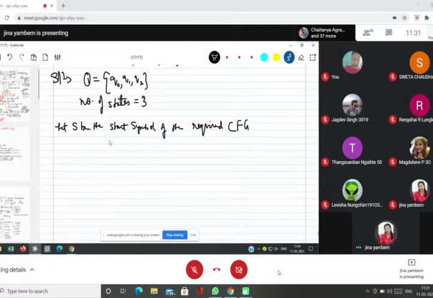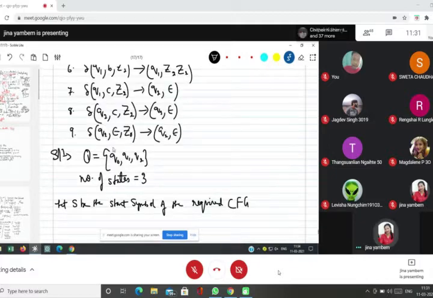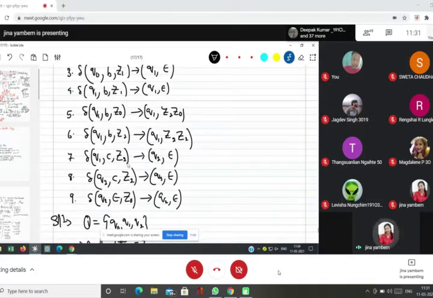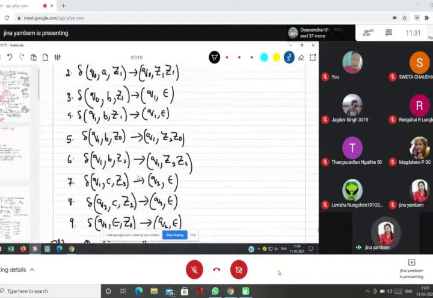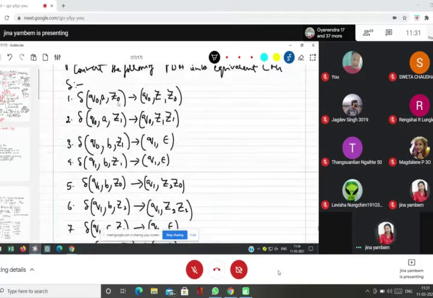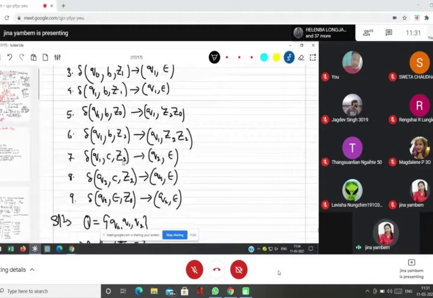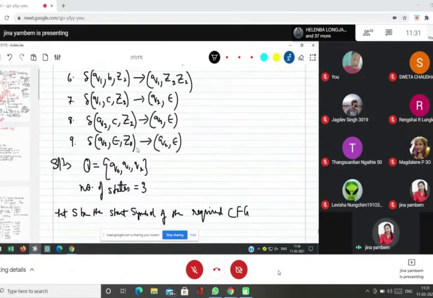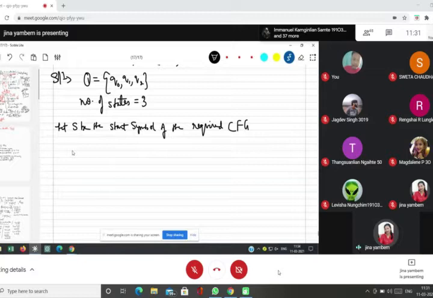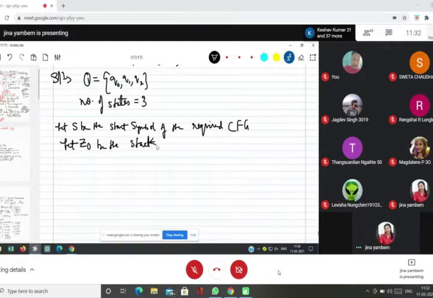And then I need to select the stack bottom symbol. In my push-down automata there are 3 stack symbols: Z0, Z1, and Z2. Out of these 3, you can select any one. Let me select Z0 by default. Let Z0 be the stack bottom symbol.